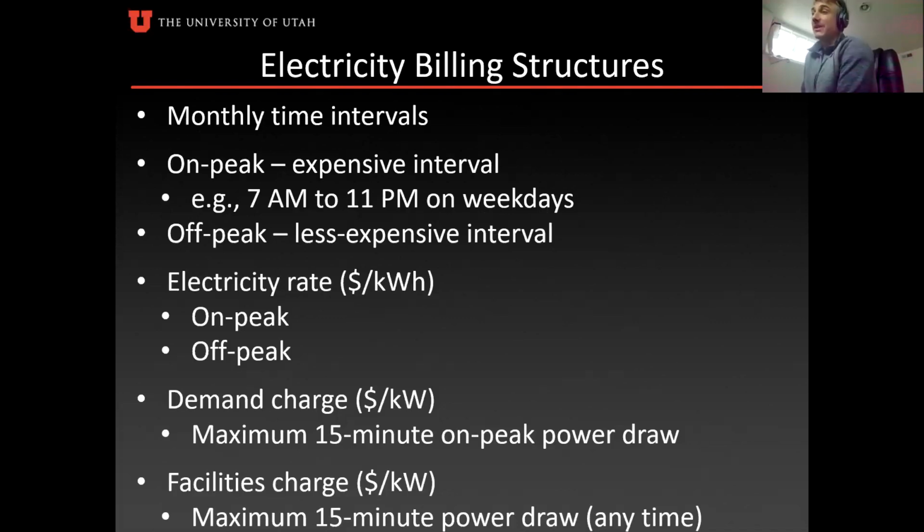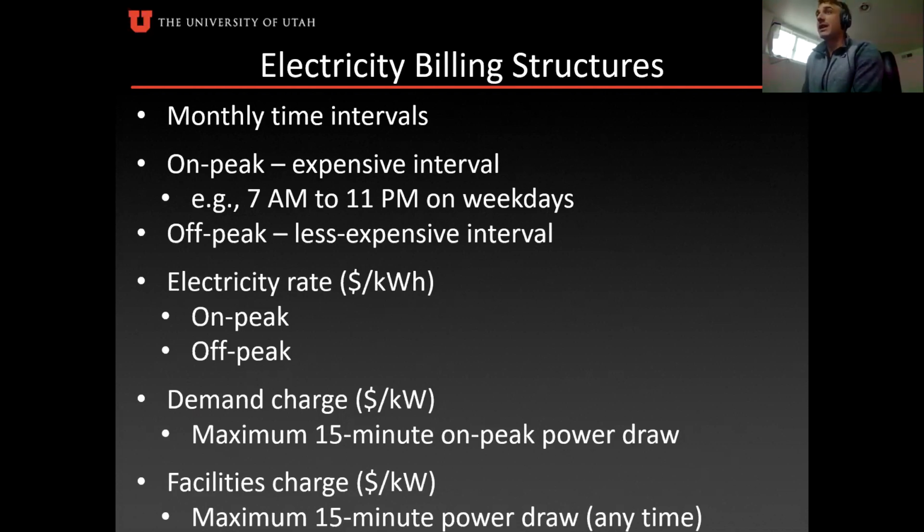So really broadly, without getting into too many details, electricity billing structures are as follows. They happen on monthly time intervals, and they're oftentimes broken into on-peak and off-peak designated times. On-peak times are more expensive.